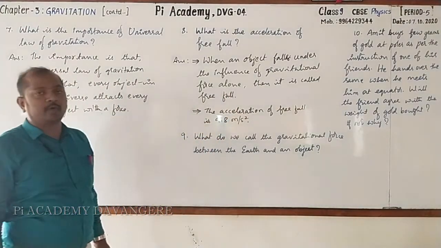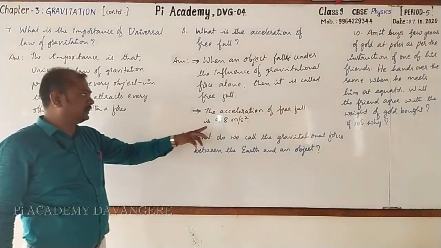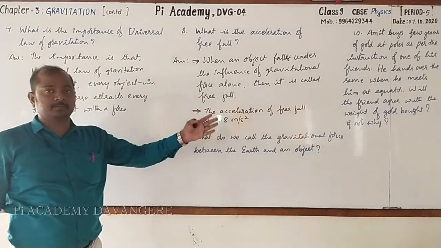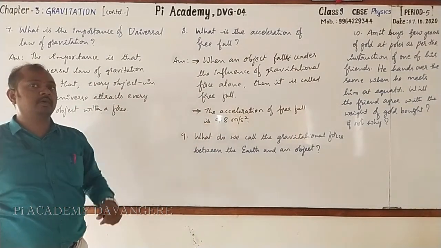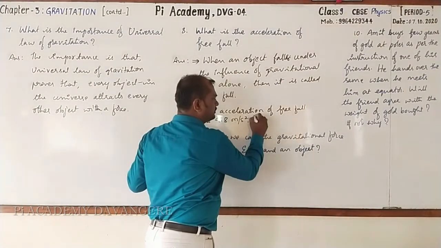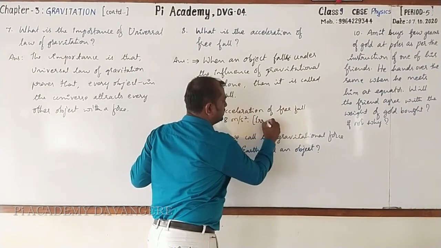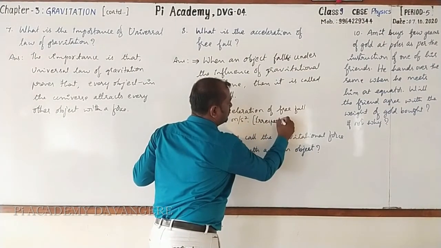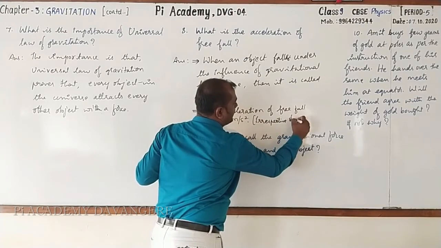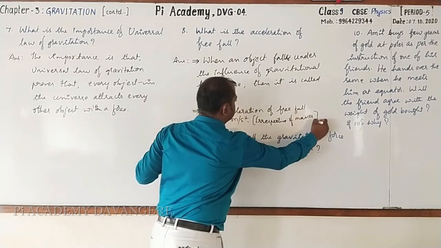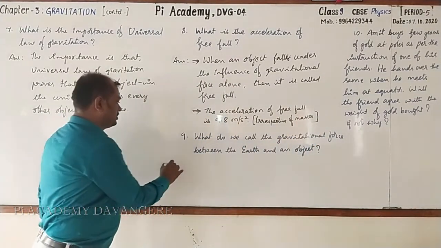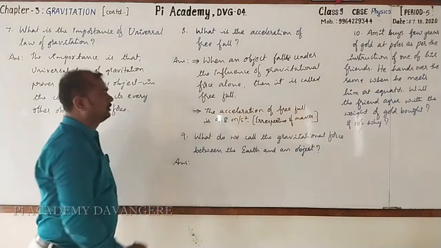Acceleration of free fall body on the surface of the earth, it is 9.8 meter per second square, irrespective of the masses of the object. Whatever the mass of the object may be, here I'll write, irrespective of masses.